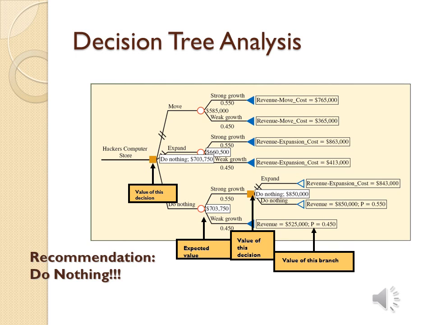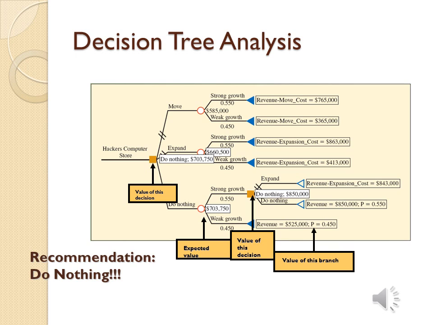And we do this by simply multiplying the value of the alternative by its probability, and then we sum the values for strong and weak growth associated for that particular branch to achieve the expected value of that given occurrence. So to calculate the expected value of moving, we would multiply 0.55 times 765,000 plus 0.45 times 365,000, and we achieve a monetary value of 585,000.